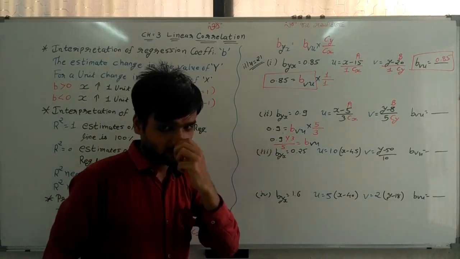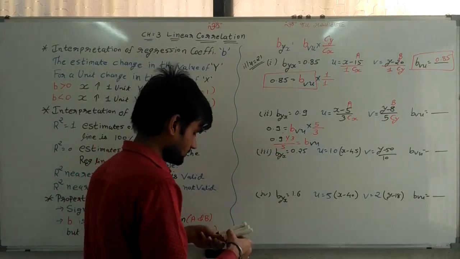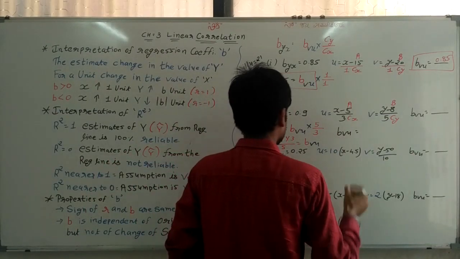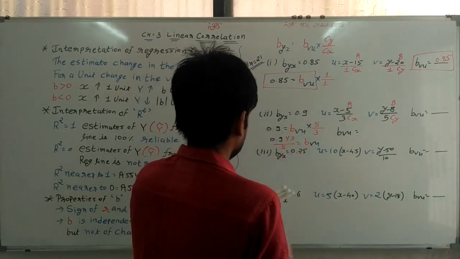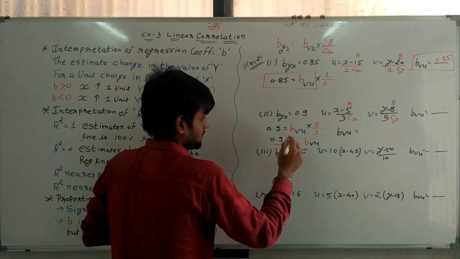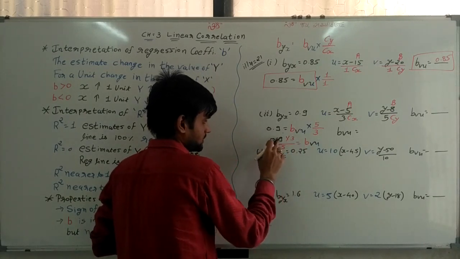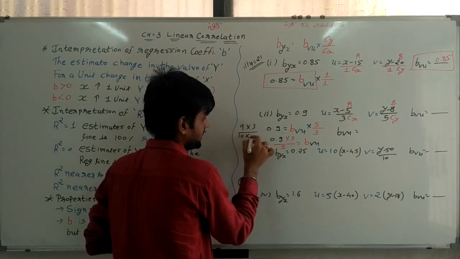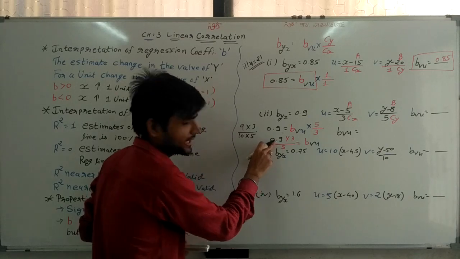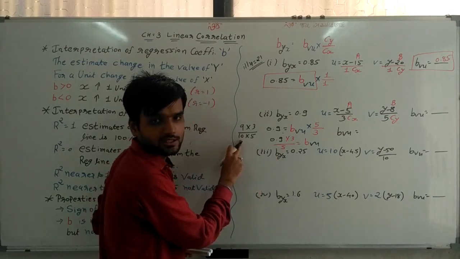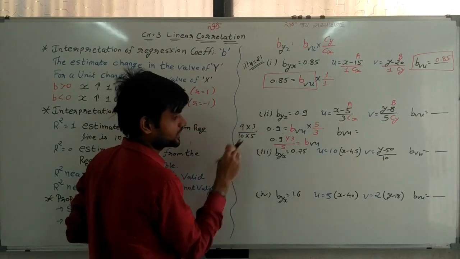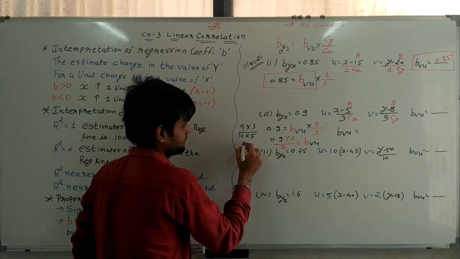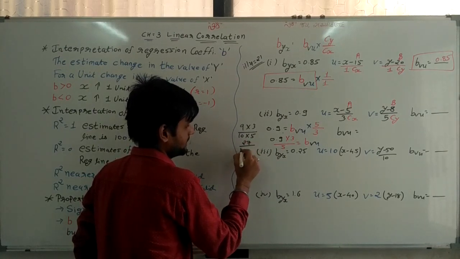Now solve it. What is the answer? So we get the value bvu is equal to 9 into 3 divided by 10 into 5. Because if we are cancelling this point, then here it is 10 in the denominator. So 9 into 3 divided by 10 into 5, that is 27 divided by 10 into 5.